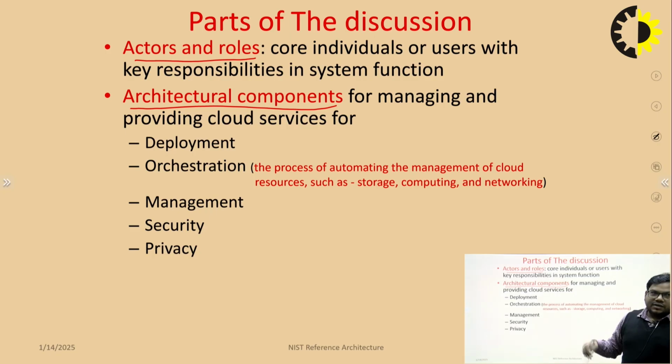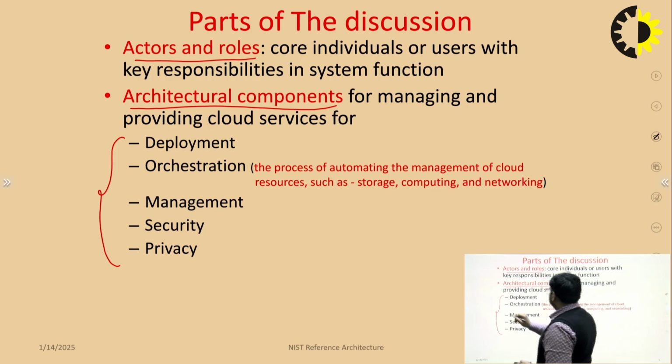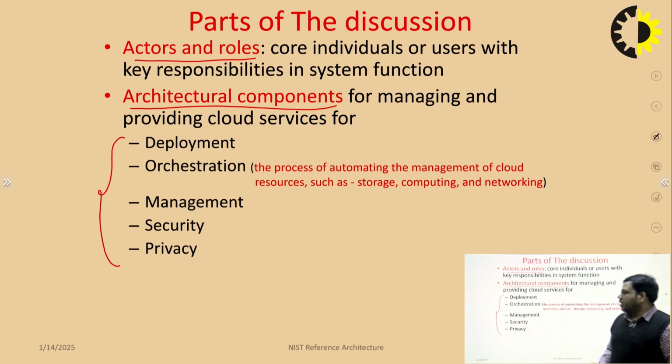If we categorize them, there may be majorly five components at the cloud service provider side. First is the deployment. Deployment simply means the deployment of the services. The cloud service provider is provisioning the services, but before provisioning them, you need to set up and deploy the services.